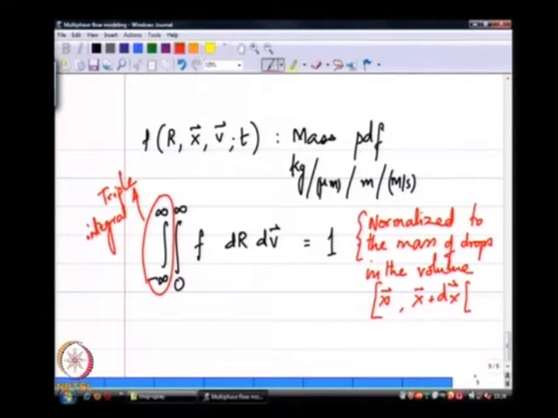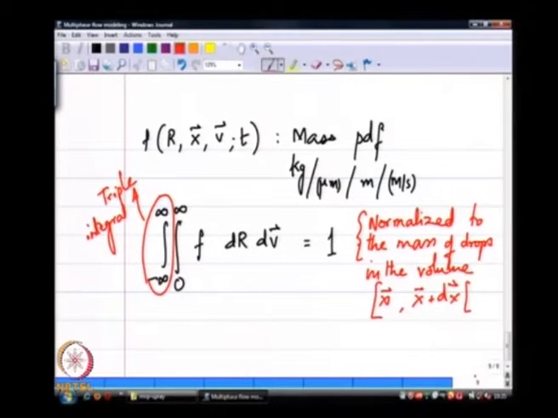So, if I take the denominator in my normalization condition as being the total mass of drops in the volume x to x plus dx, then that is how you get this integral to be 1. In fact, this is the total mass of drops.